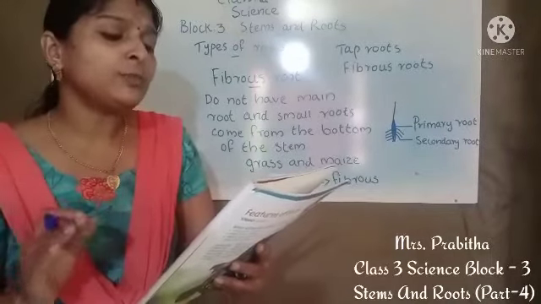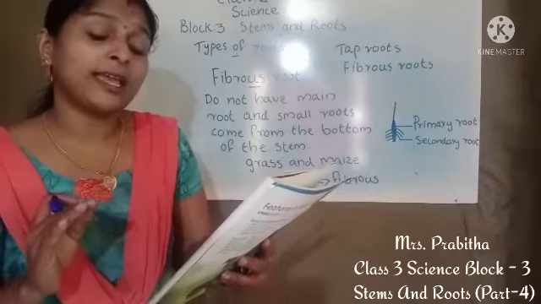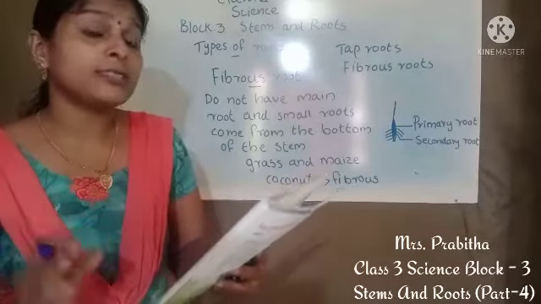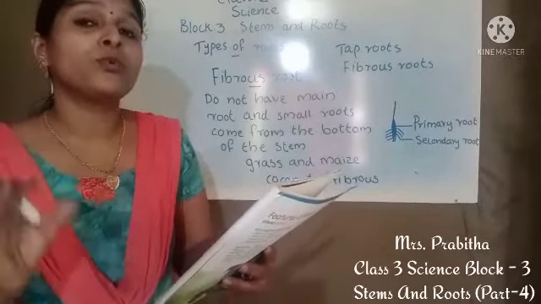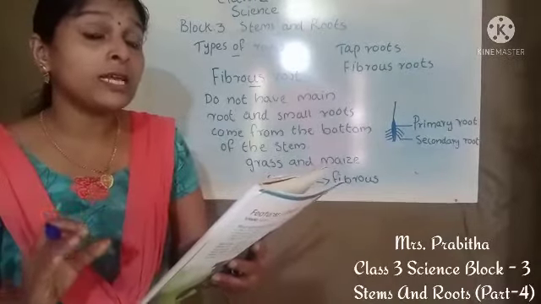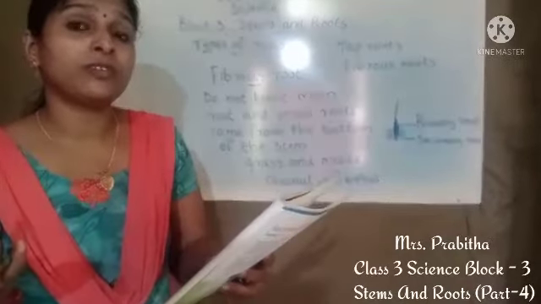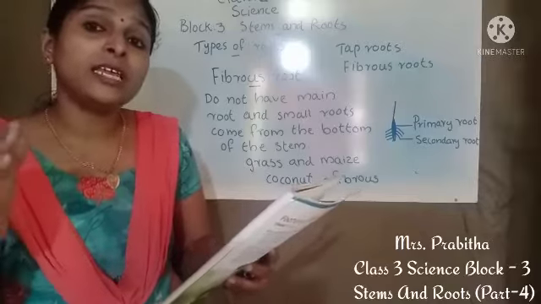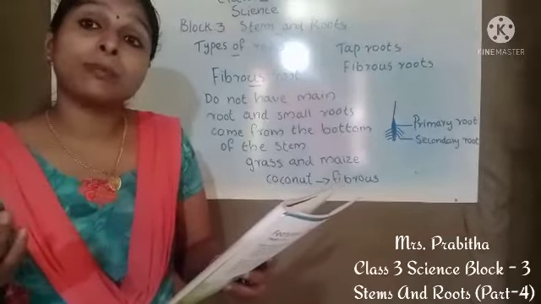7th question, which part of plant makes food in a cactus? Why? In a cactus plant, the stem cooks food for the plant because it does not have leaves. Its leaves are changed into spines.